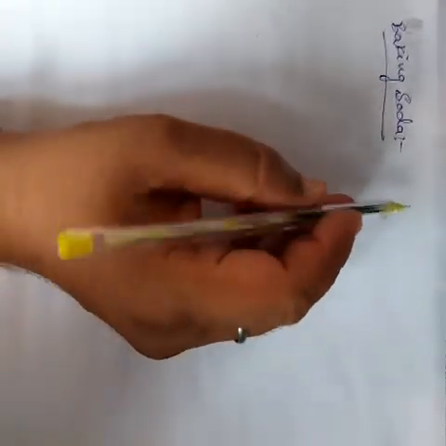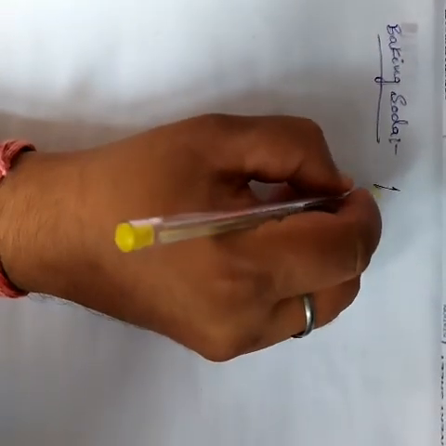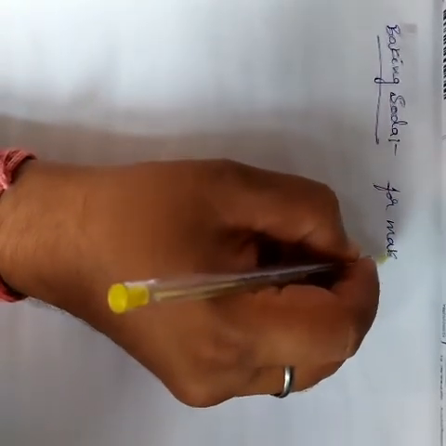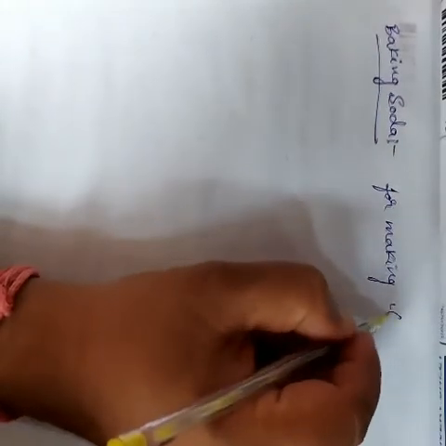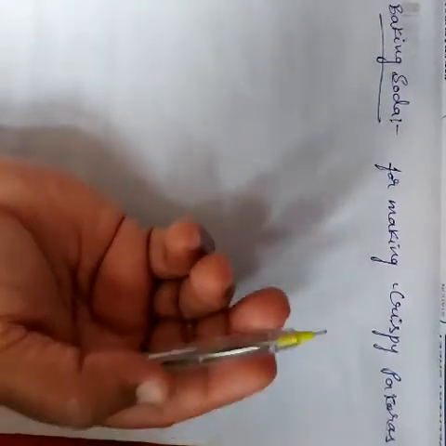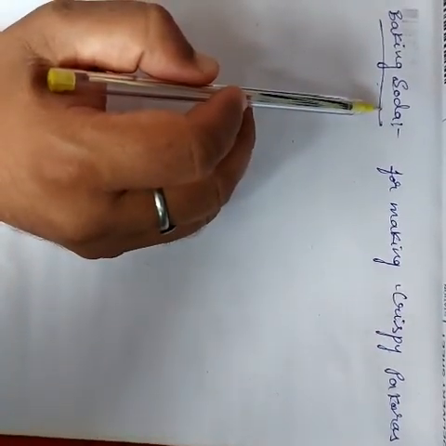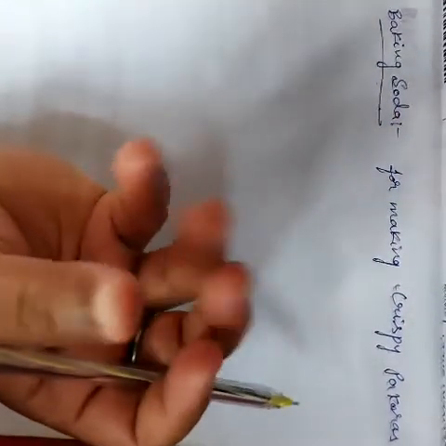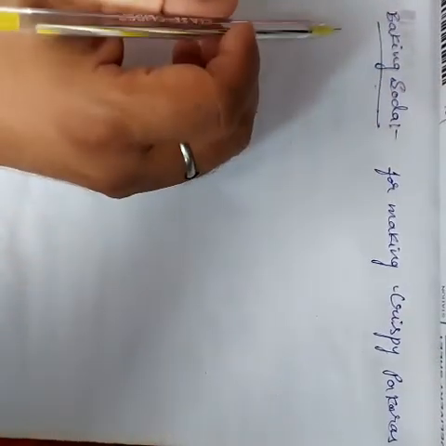Baking soda is generally used in the kitchen, such as for making tasty crispy pakoras, and for fast cooking. Baking soda is used for fast cooking.